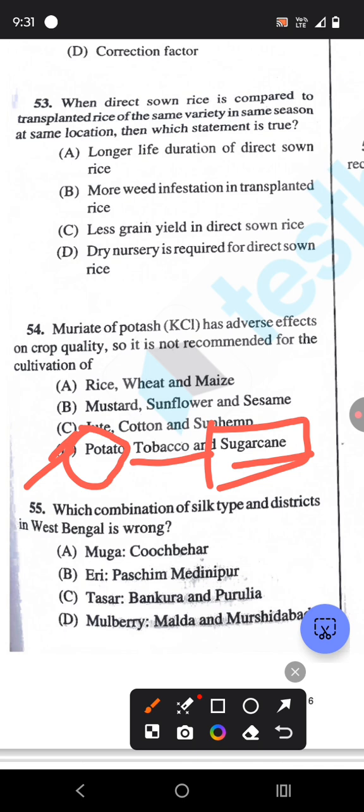That's why it is not recommended in potato. And for tobacco, KCl has adverse effects causing leaf burn. So that is why it is not applied in tobacco. The correct answer is option number D.